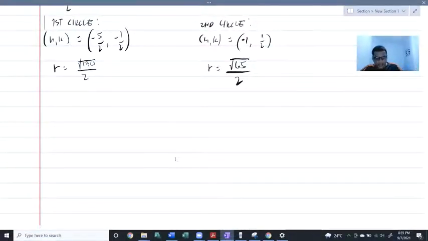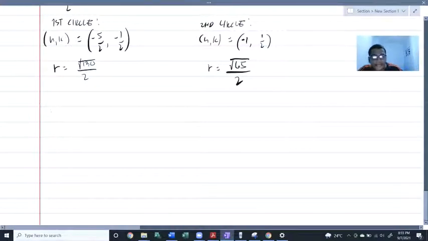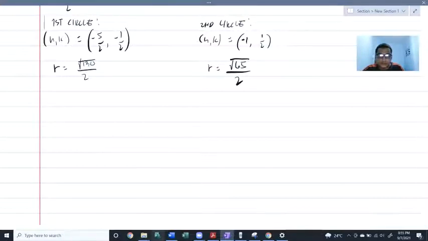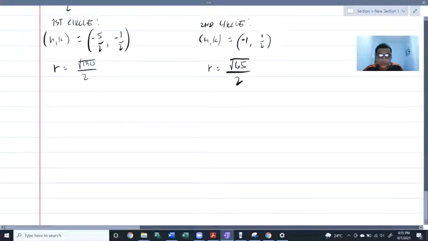So okay, let's see. The centers of the two circles are -5 halves, -1 half, and -1, 1 half, respectively. Now, okay. Let's see.